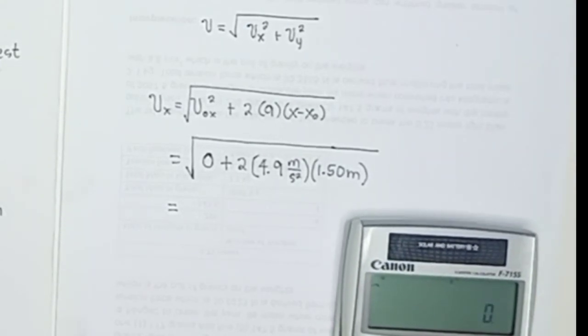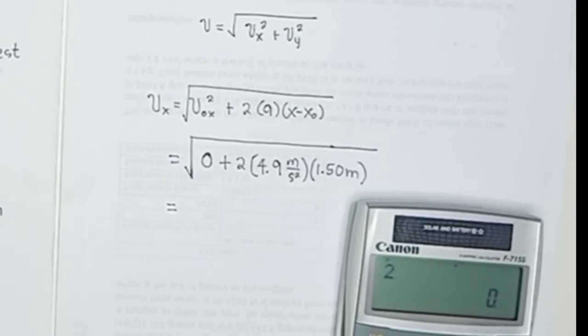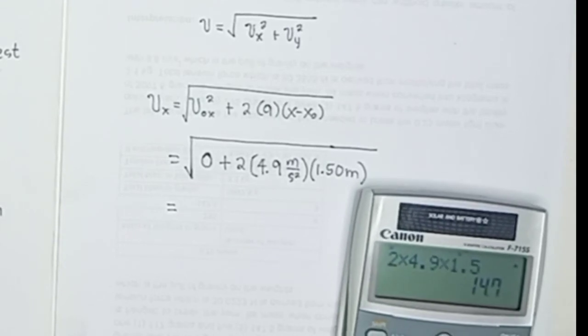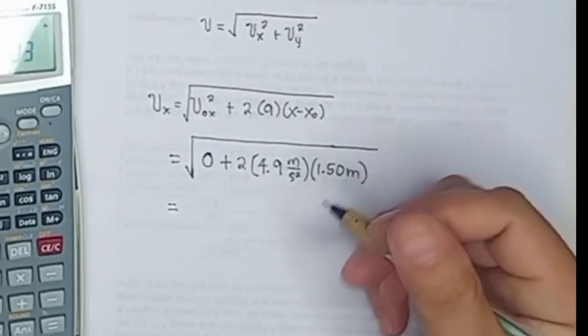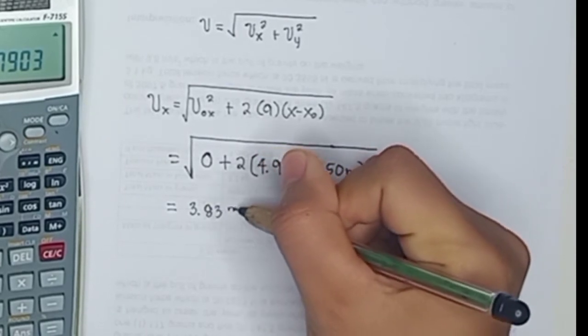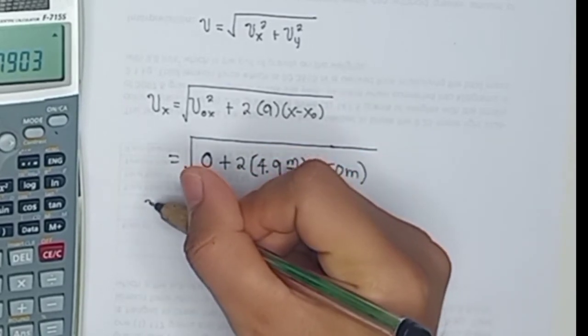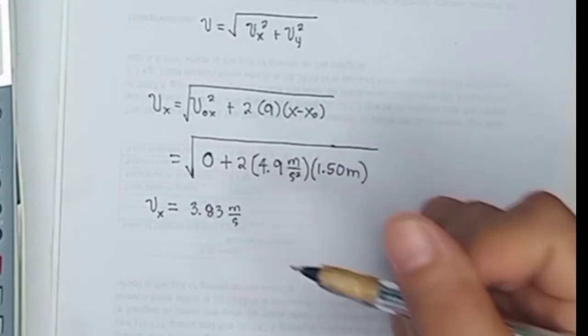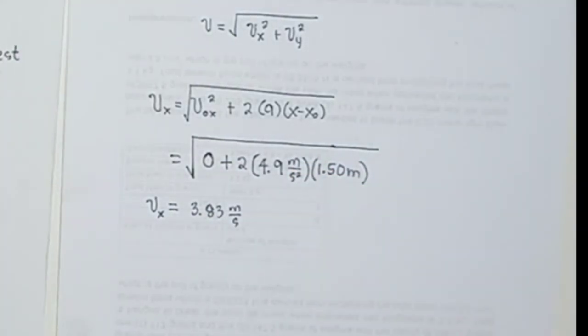Using our calculator, we have 2 times 4.9 times 1.50 equals, square root, equals, we have vx equals 3.83 meters per second. So this is the x component of the velocity of the box at the bottom of the ramp.